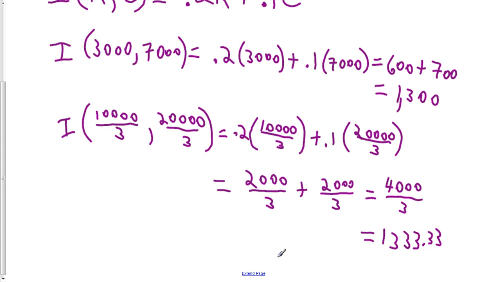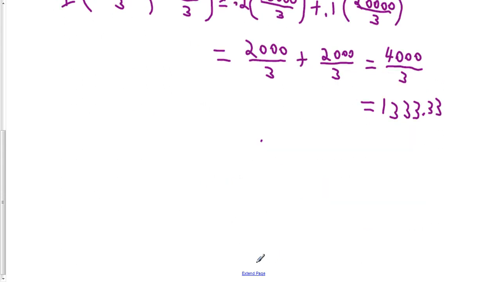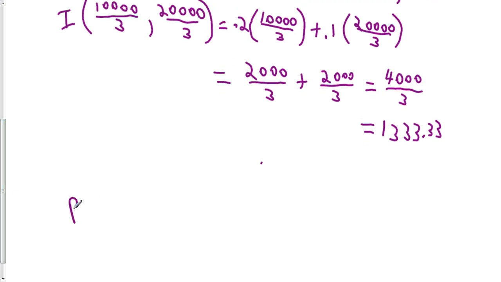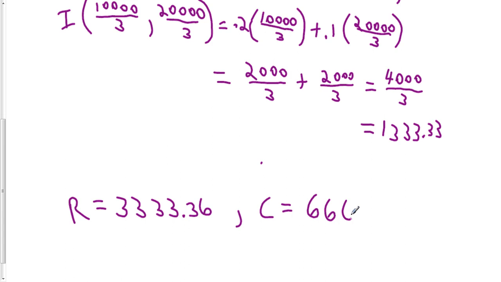So it turns out that the maximum interest that I'm going to make comes from investing into the risky $3,333.33, which is the 10,000 over 3, and into the conservative $6,666.67, which is the 20,000 over 3.